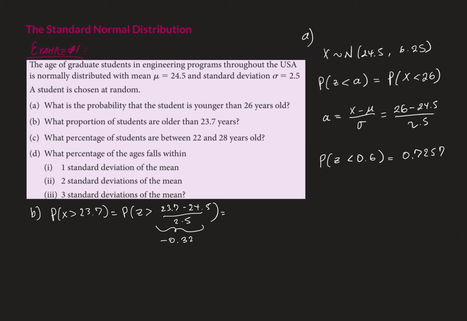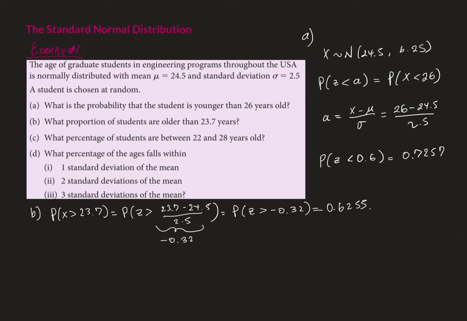So we are looking at the probability where Z is bigger than minus 0.32. And this probability is equal to 0.6255.